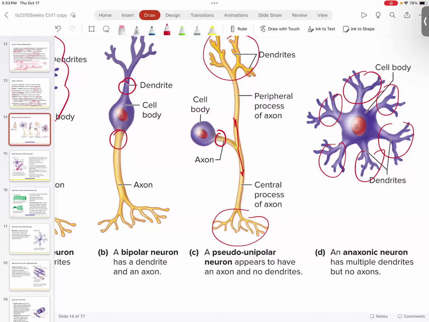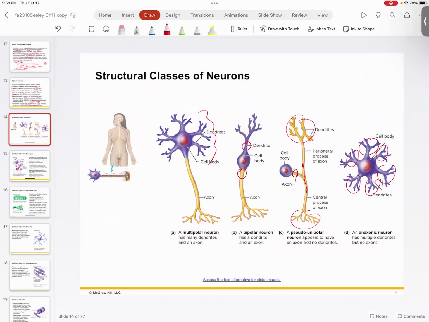Okay. So those are the major structural types of neurons that we have. And typically you see mostly multipolar or anaxonic neurons. Usually you're in very specific tissue types if you start getting into pseudo-unipolar or bipolar neurons.